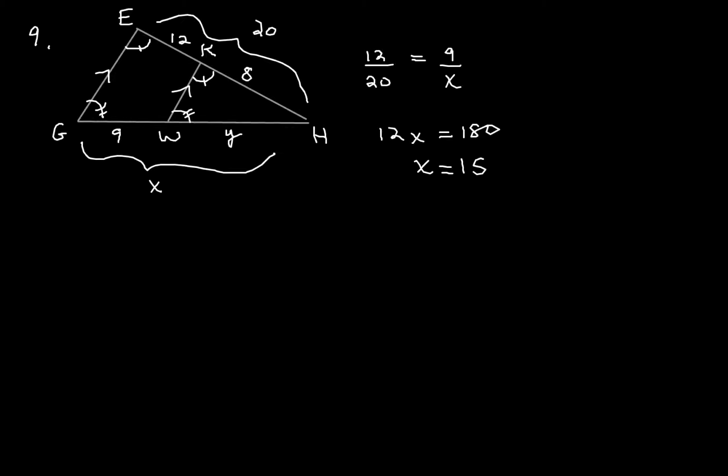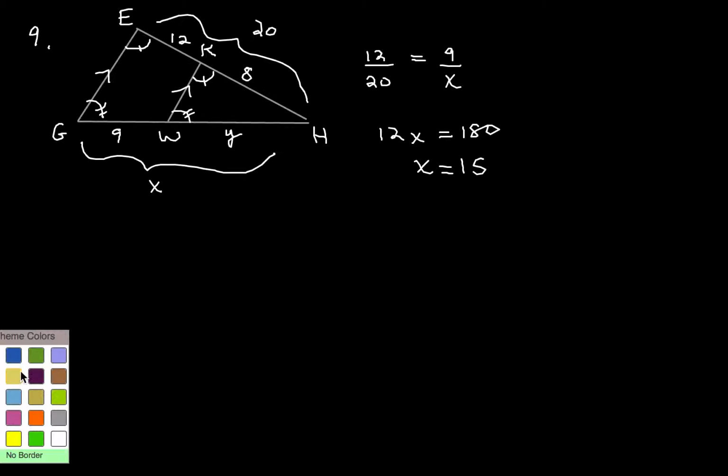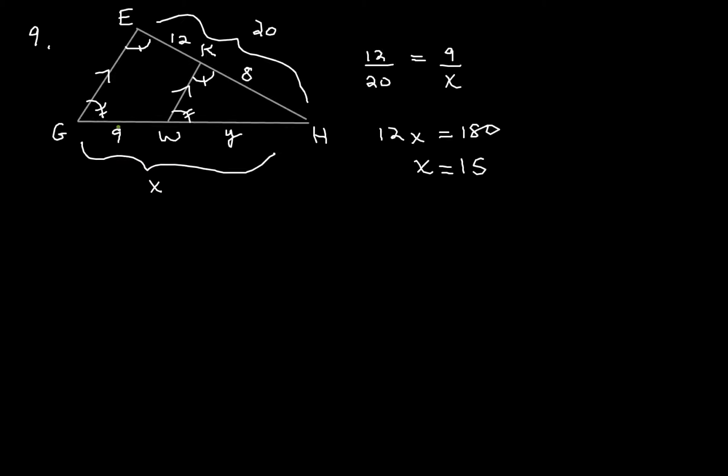I'm just going to write the numbers in a different color so I don't have to redraw it. So let's do C. We'll do C in green. HW is 4. So this one's 4. And we have WG is 12. WG, this time is 12.